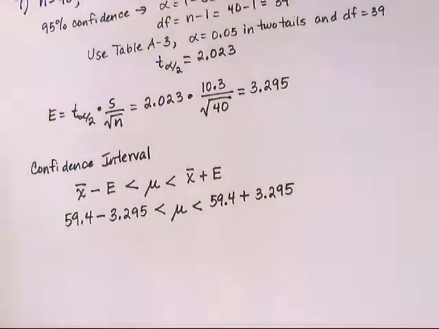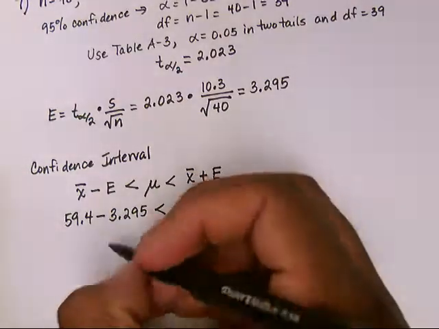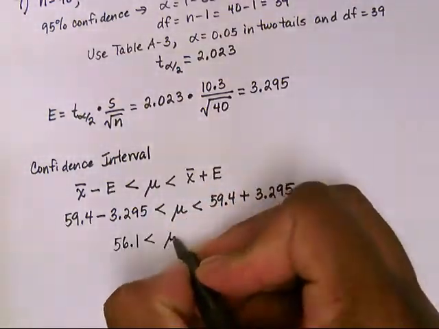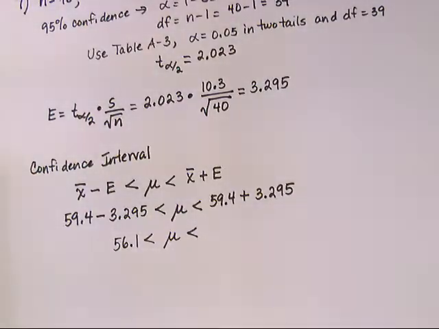So now if I do 59.4 minus 3.295, to 1 decimal place I'm going to get 56.1. So this is my lower limit, 56.1, less than mu, and less than 59.4 plus 3.295.